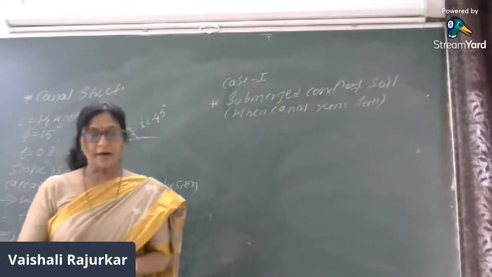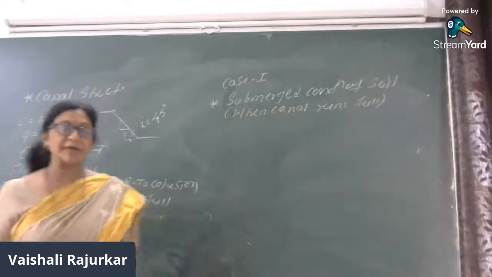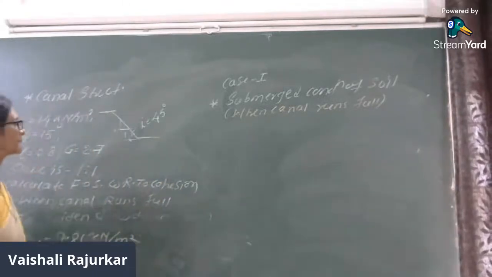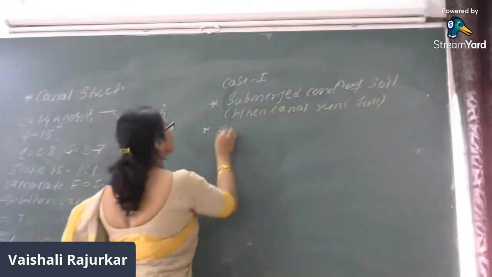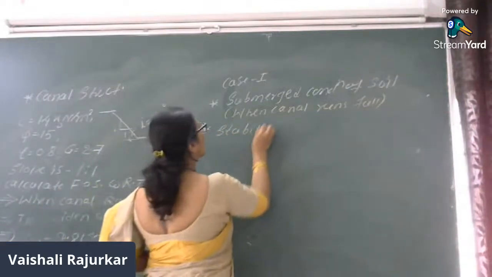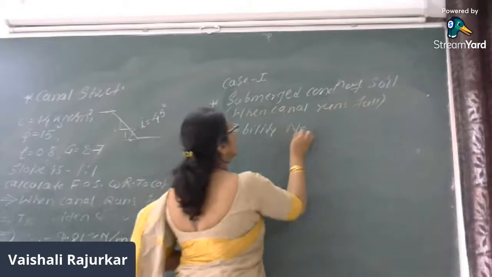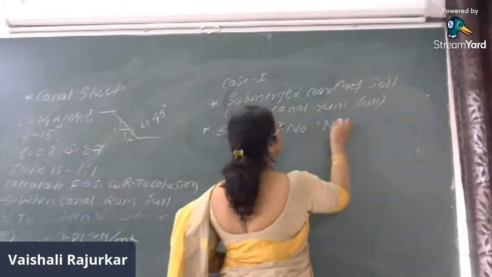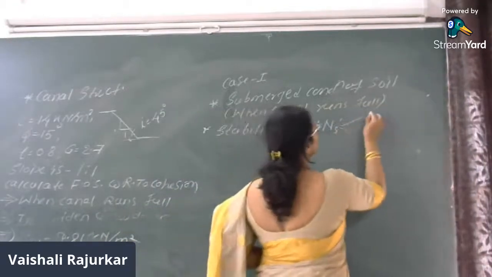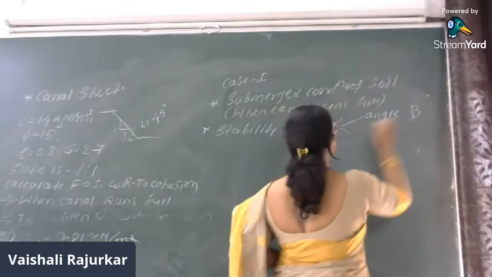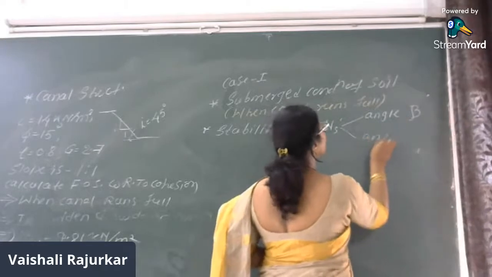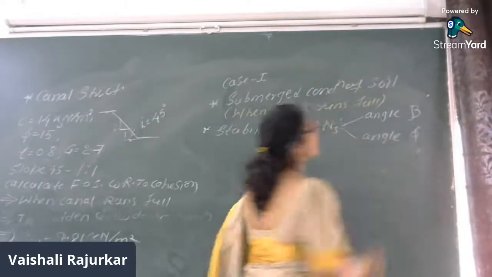So in such cases, we will require a stability number, denoted by Sn, which depends upon the angle beta and the angle of shearing resistance phi.